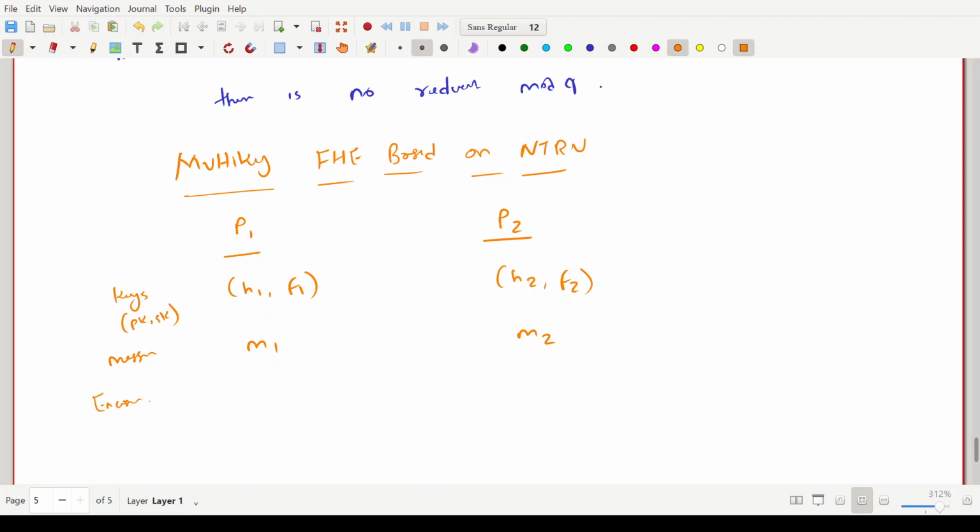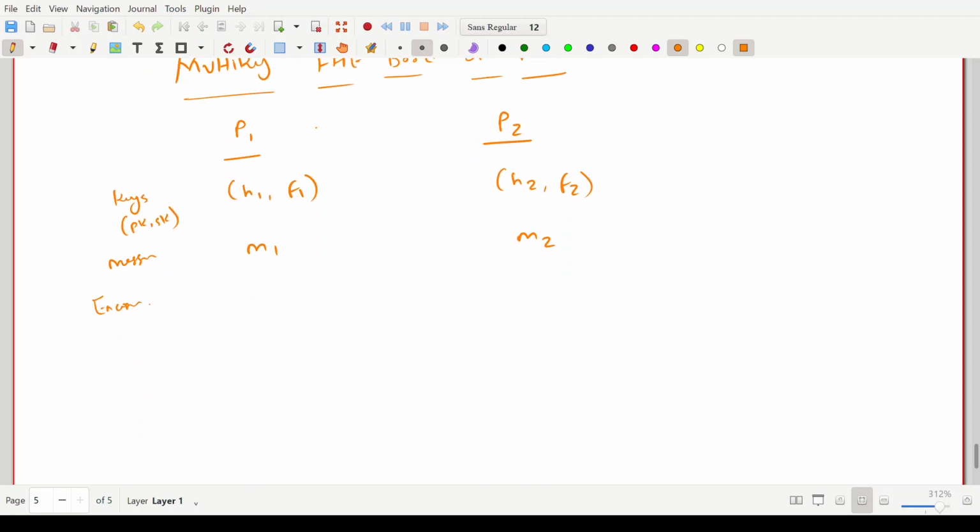Encryption is very easy, as we have already discussed. Here he will get C1, which is equal to H1 S1 plus 2E1 plus M1 modulo Q. To encrypt the message M1, I first have to find S1 and E1 from the distribution, and then do the encryption.